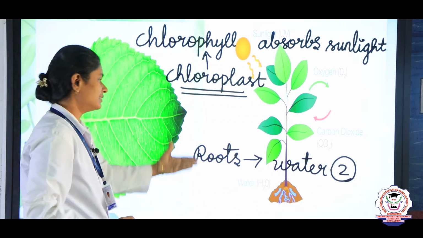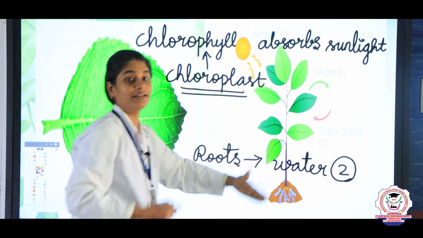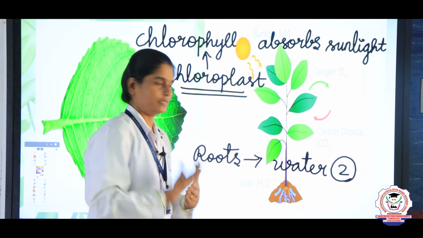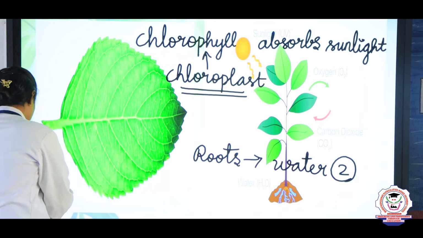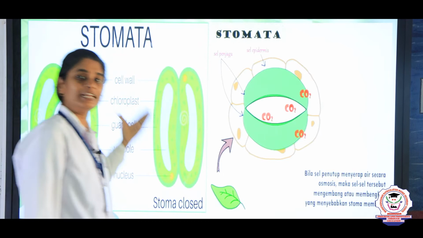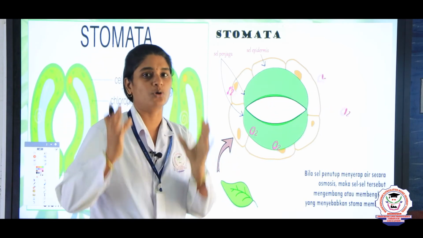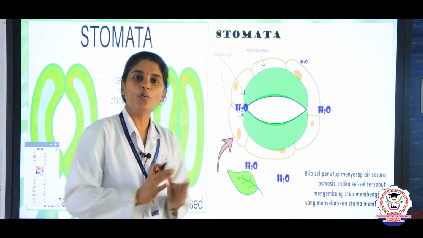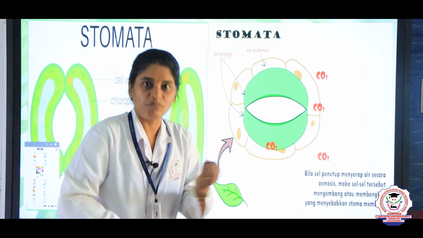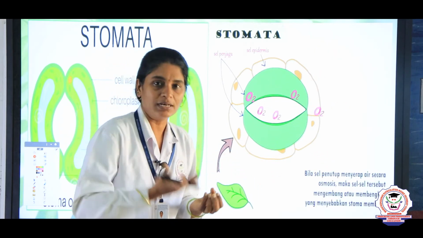Okay. So, the next ingredient that a plant needs to prepare the food is air, yes, the carbon dioxide. So, here we can see in the leaf there are special structures called stomata. Just as we have a nose through which we take in oxygen, the same way plants have stomata on the leaf.